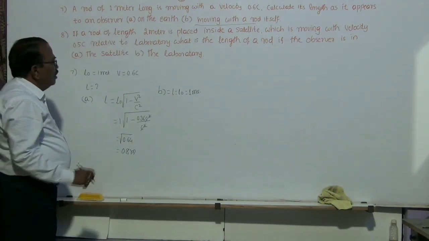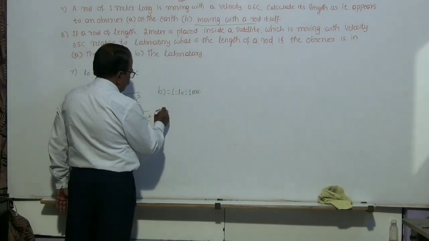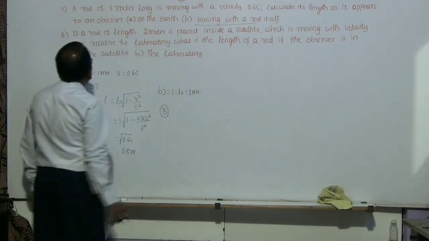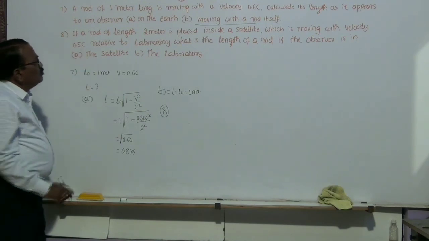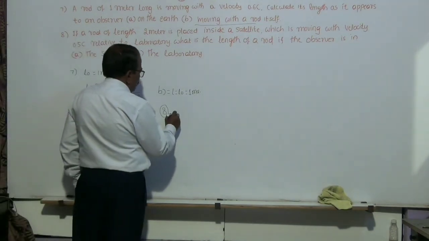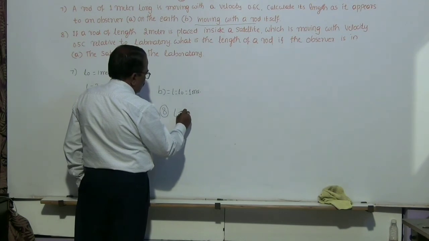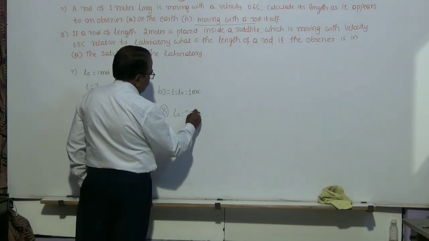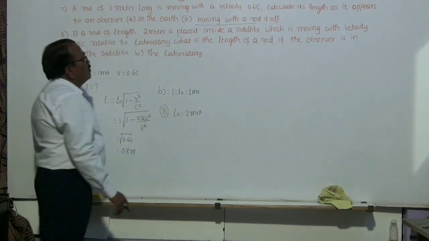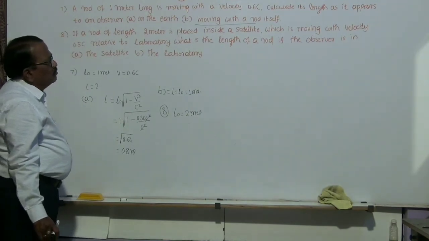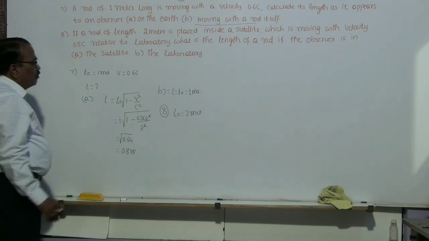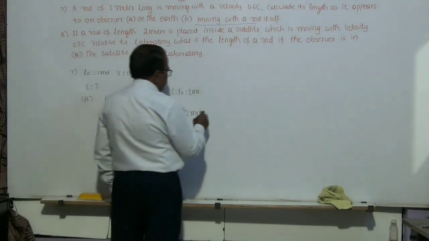Then 8th one. If your rod of length 2 meter, means here L naught is 2 meter, is placed inside a satellite which is moving with a velocity of 0.5 c.